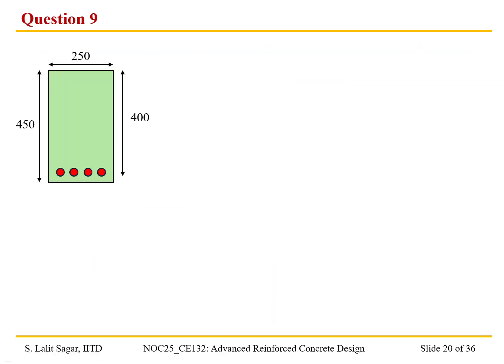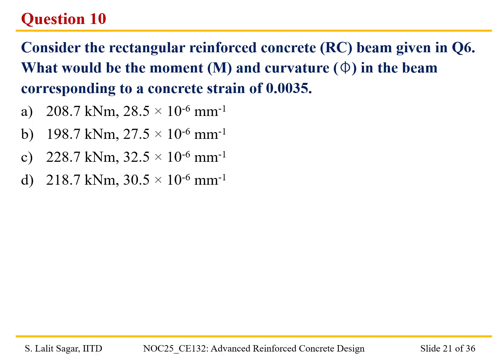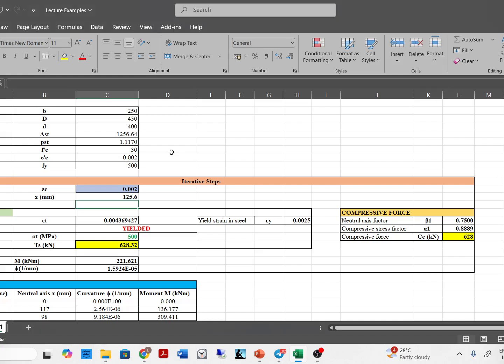So moving forward, ultimately we need to find out the M and phi corresponding to epsilon c equal to 0.0035. I'm going to solve it quite quickly, right? We'll go back to the Excel sheet. I'm sorry, 0.002 remains the same, 0.0035.